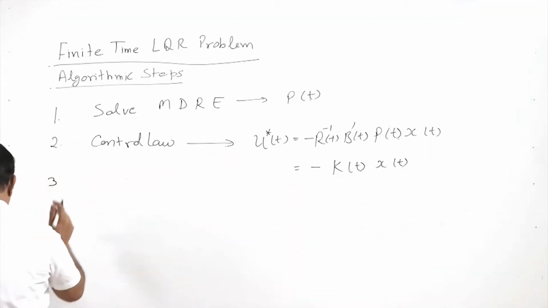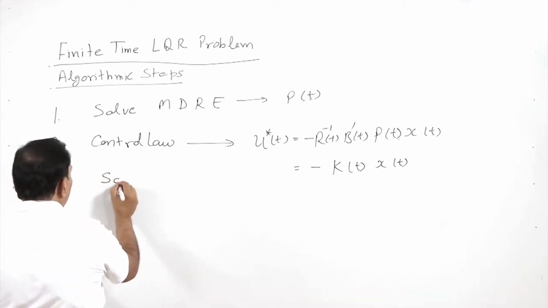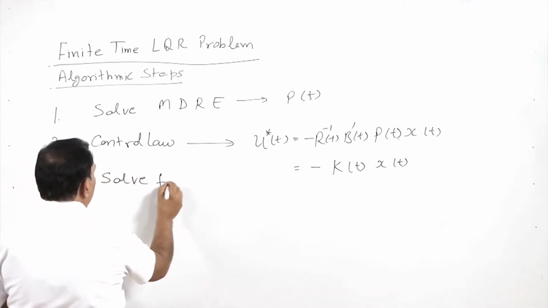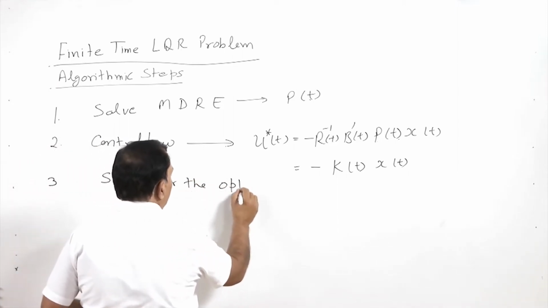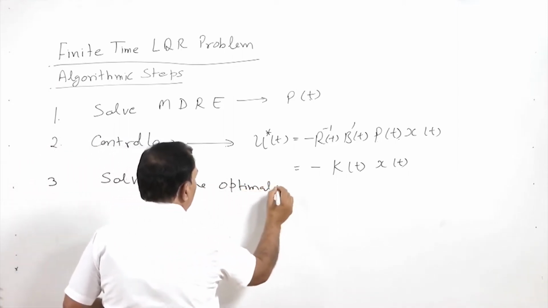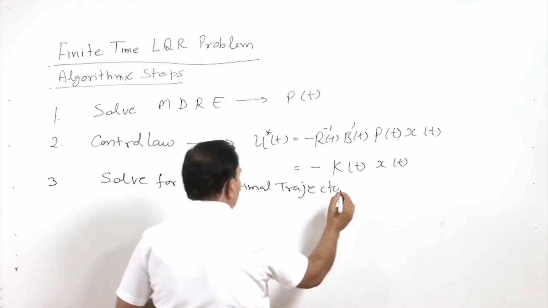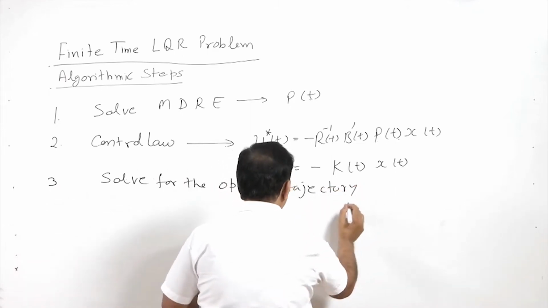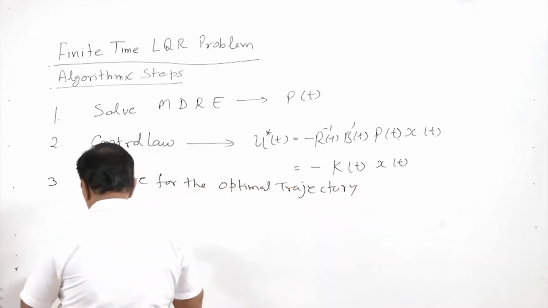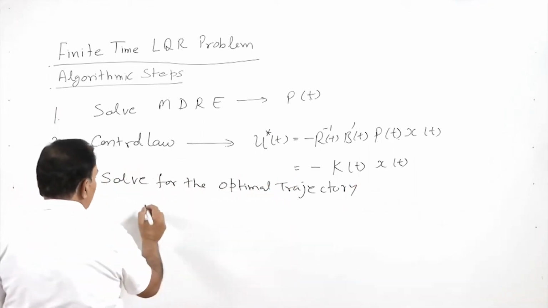My third step is to solve for the optimal trajectory. So, what is the optimal trajectory?